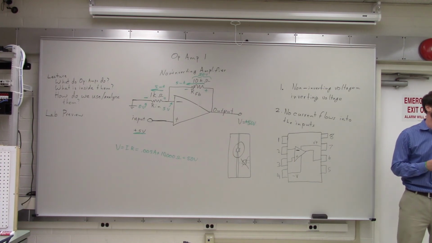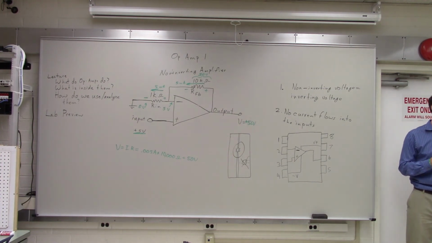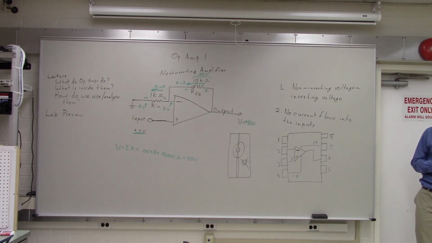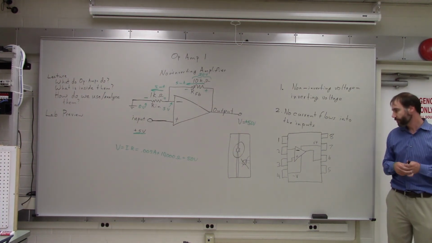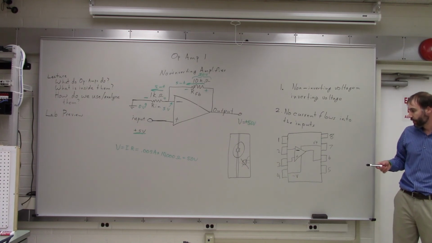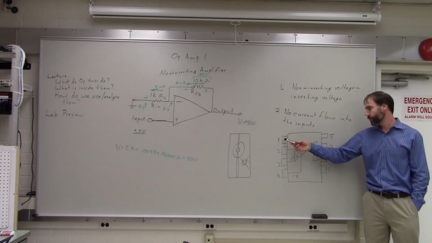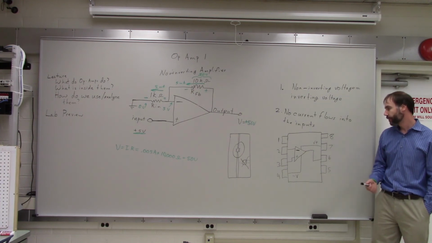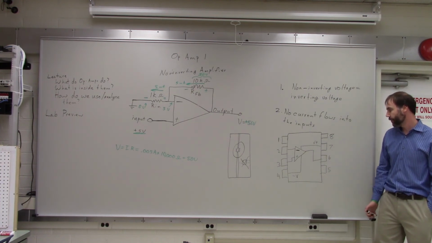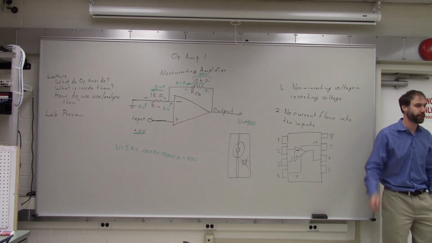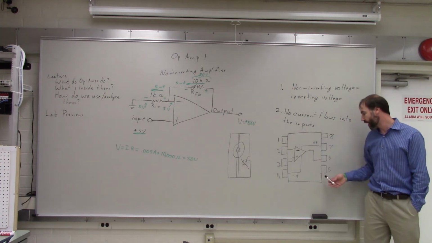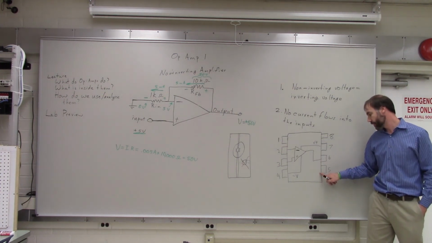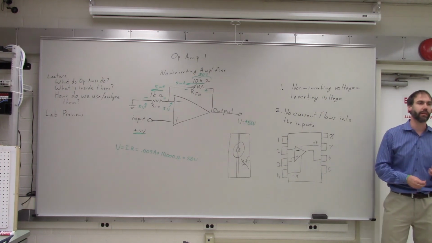Yeah. So there's like 3 unused terminals in this chip? Yes. So that's a good question. We haven't shown any use for terminal 1, terminal 5, and terminal 8. Terminal 8 is truly disconnected. It's not attached to anything. Terminals 1 and 5 are used for something called an offset null. Okay?